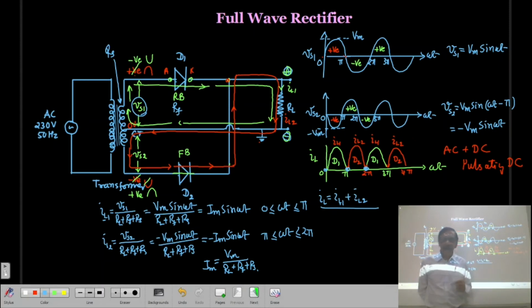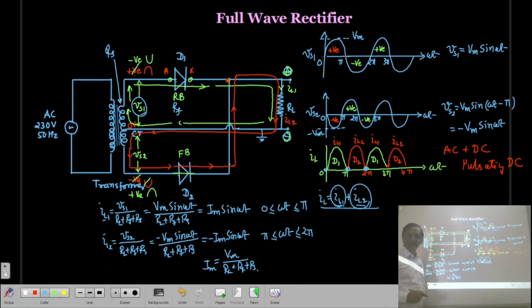Why can we not take the algebraic summation? Because whenever the IL1 is present, at that time the IL2 is absent, and whenever the IL2 is present, IL1 is absent. IL1 and IL2 both flow at different time periods, and therefore we cannot have this kind of simple algebraic summation. Correct? So the IL is not going to 0.